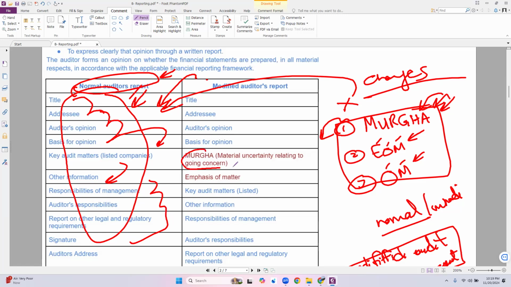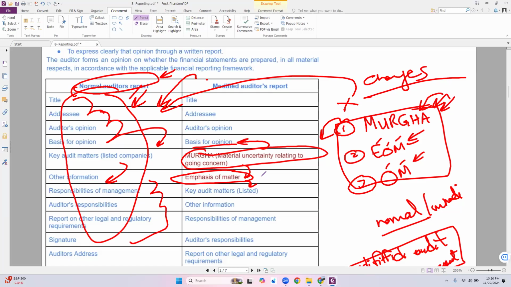The Murgha paragraph directly comes after the basis for opinion paragraph. Remember that. The second paragraph, the emphasis of matter paragraph, is added right after the Murgha paragraph, or in other words, before the CAM.